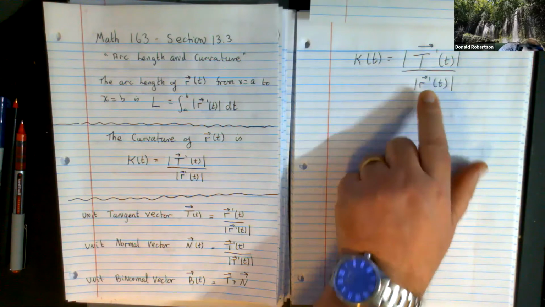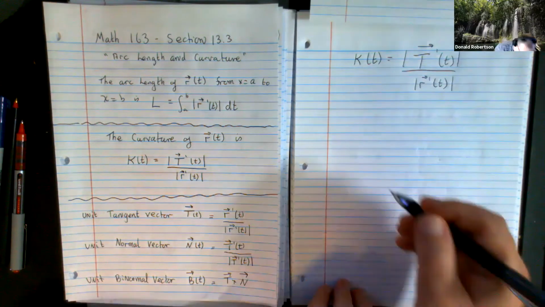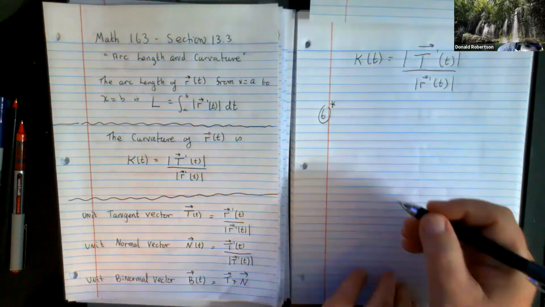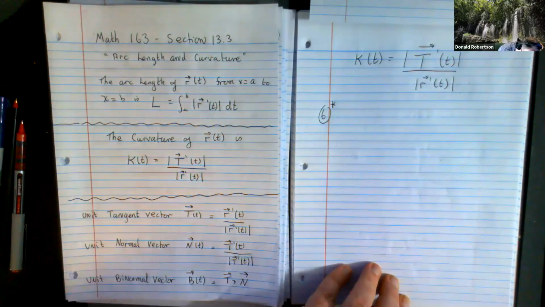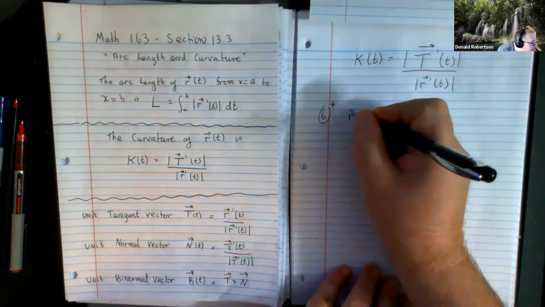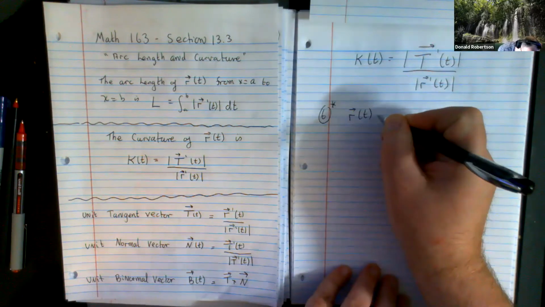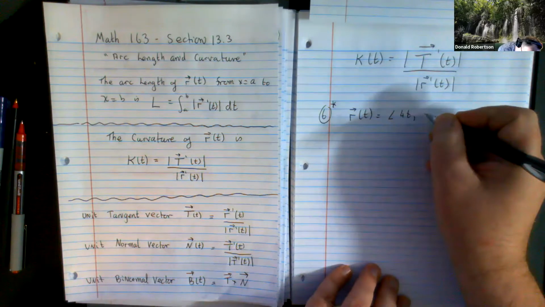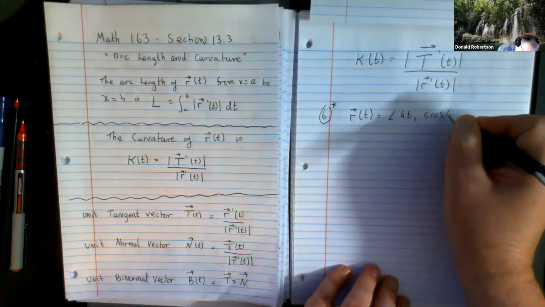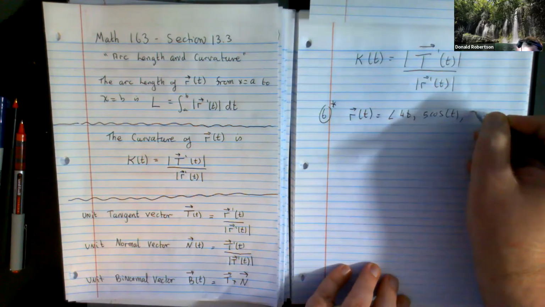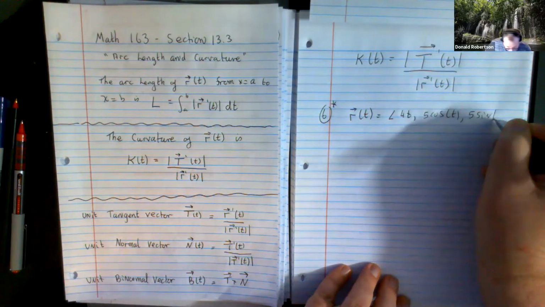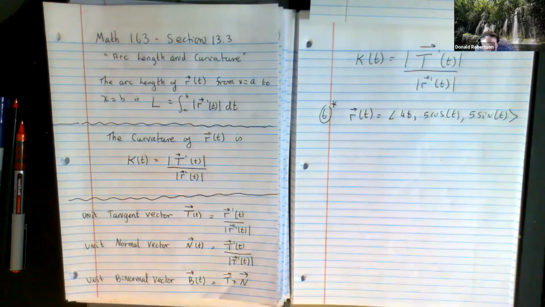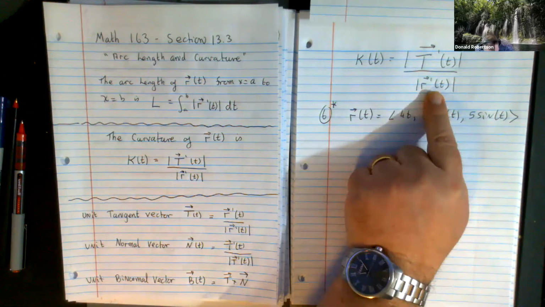And the first one I'm going to do is question 6. We are going to find the curvature. And the space curve happens to be a helix. So what I'm going to do is find the first derivative and then its magnitude.